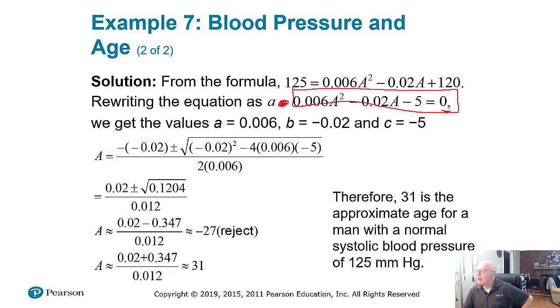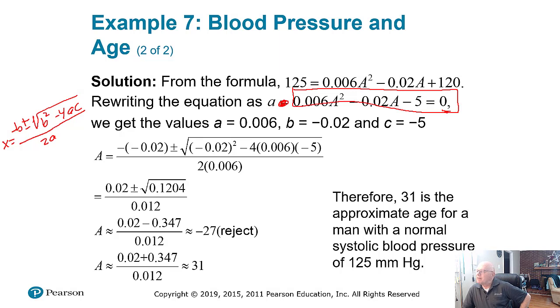So you get A, B, and C. Put those in the quadratic formula. Just a gentle reminder. Minus B plus or minus square root of B squared minus 4AC all over 2A. Put those numbers in and you're in business.